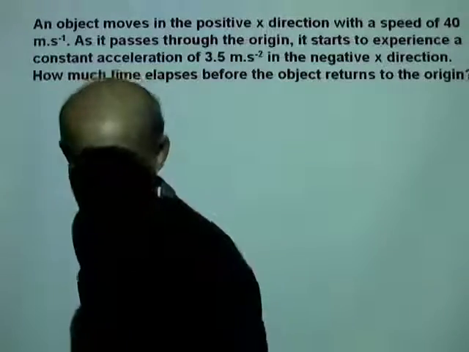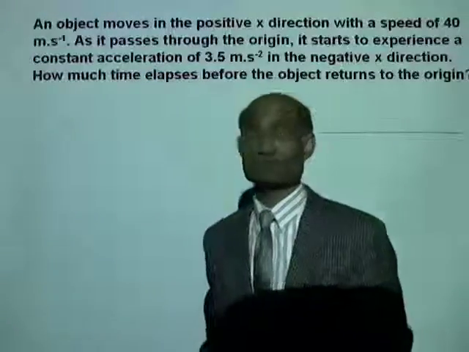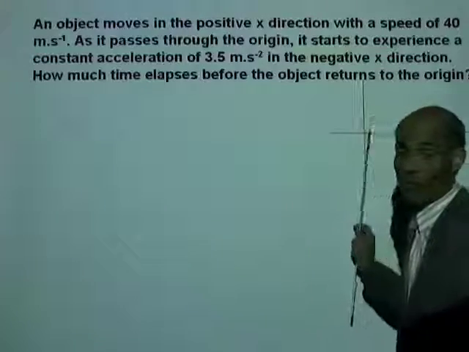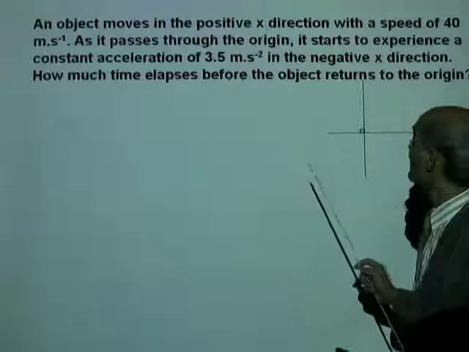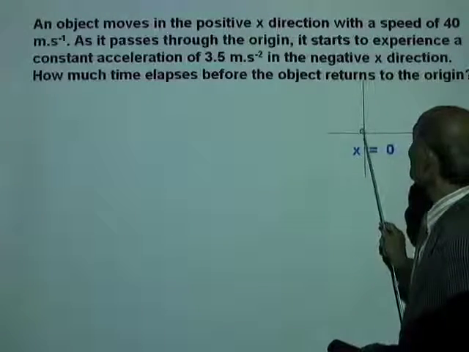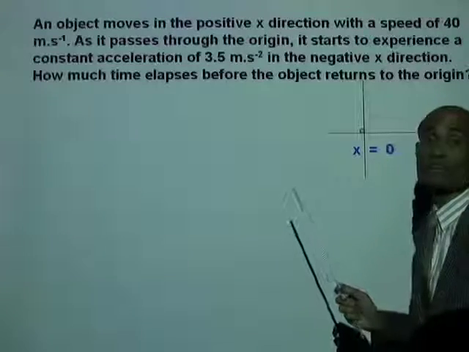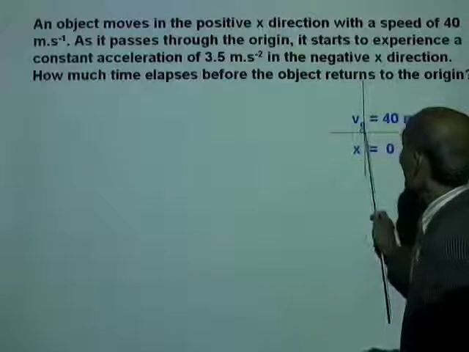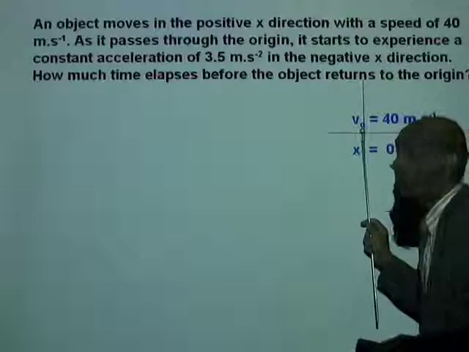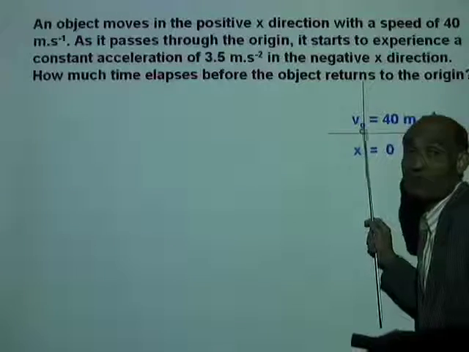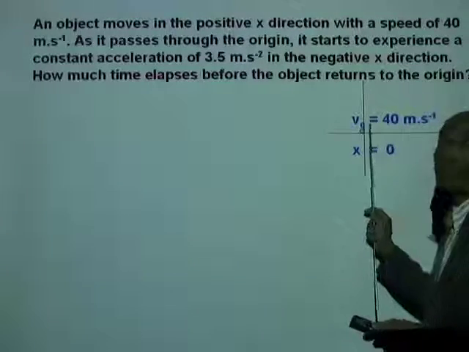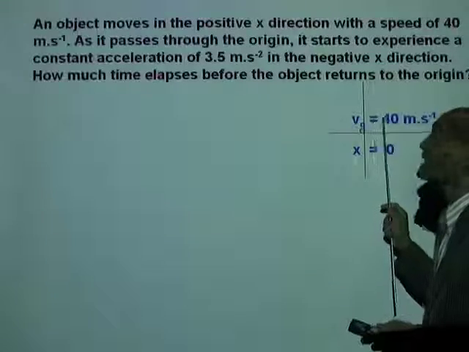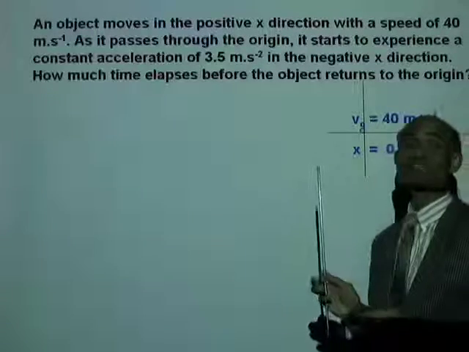Alright, let's write down the given data. Here we have the origin, and this is the position x equal to 0. And when the object or the particle comes at the origin, it has a velocity. So v0 is 40 meters per second.